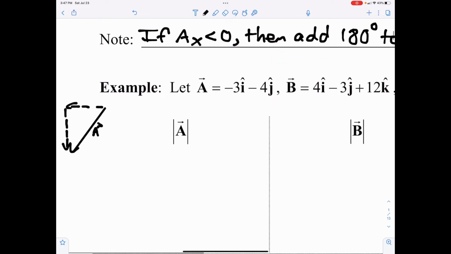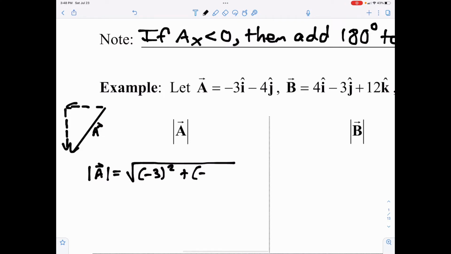Okay, so now to find the magnitude of vector A, we're going to plug this into the Pythagorean theorem. Negative 3 squared plus negative 4 squared is going to equal 5 squared. The square root of that is, of course, 5. So this is 5 units long.